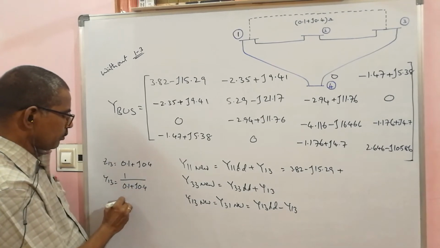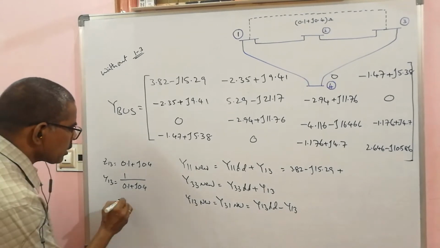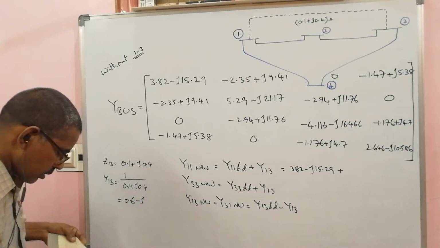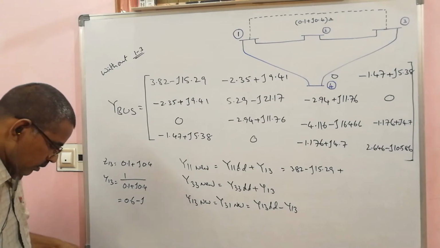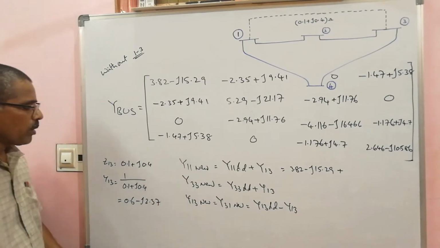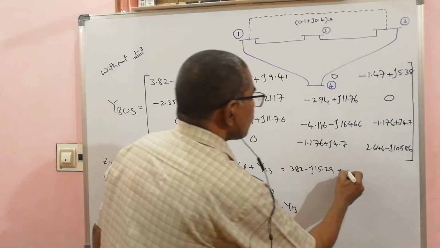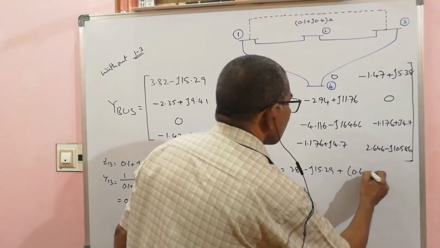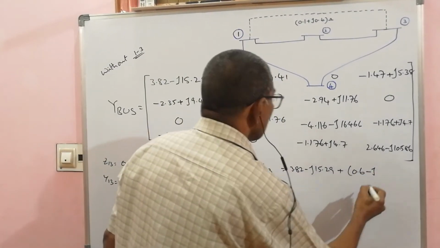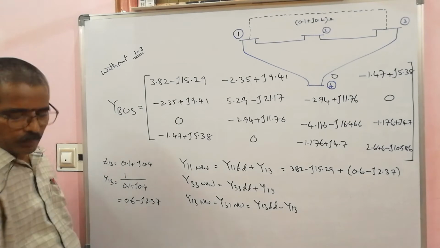So this value is 0.6 minus j2.37. So this is Y13. Whatever you get, that is to be replaced here.